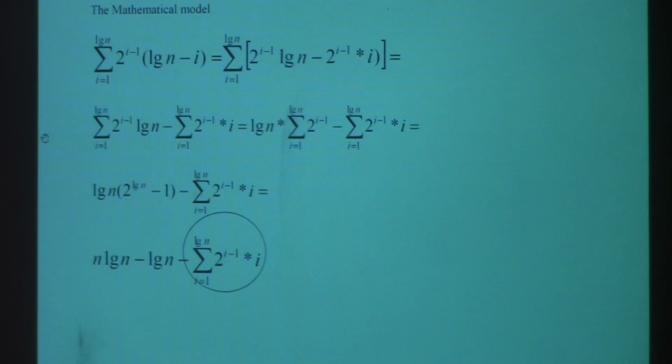Let's think about what that means. Let's say i is equal to 1. What is 2 to the 1 minus 1? 2 to the 0 is 1. If i is equal to 2, 2 to the 2 minus 1 is 2. So that is growing how? Exponentially, yes.